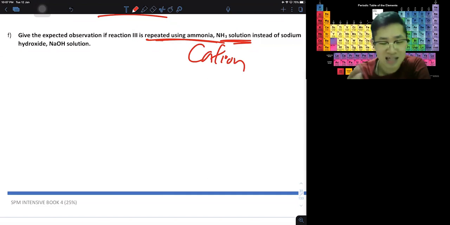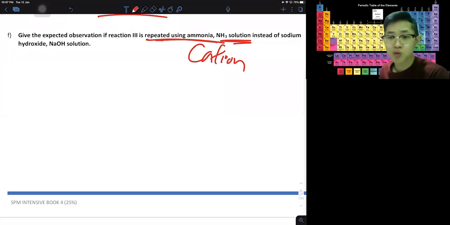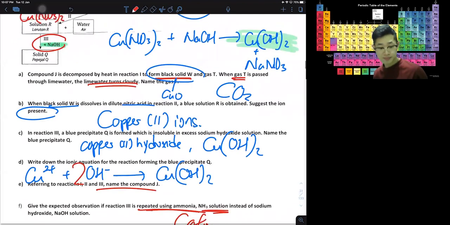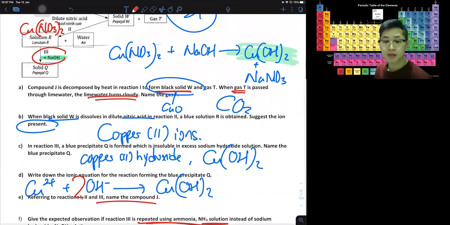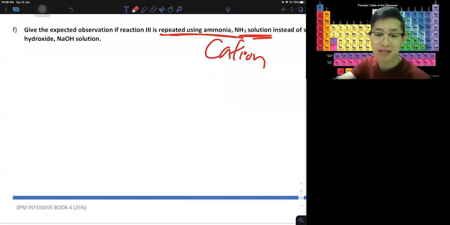Can you please give me the answer in short form? What is the expected observation when we use ammonia solution to test the copper 2 nitrate solution? Yes, Ian. Hey, the rest of you. Observation. Last question already.